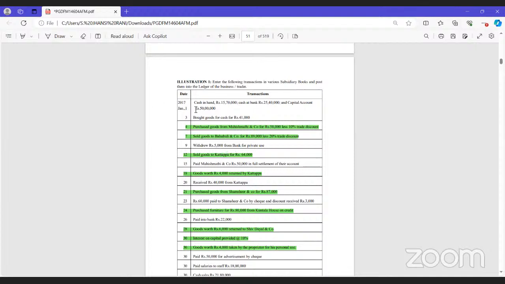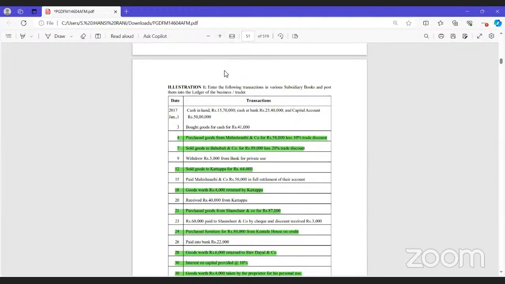My voice is not audible. Okay, okay. Is the screen visible? Yes, it's visible, ma'am. Okay. So now I will draw the cash book.